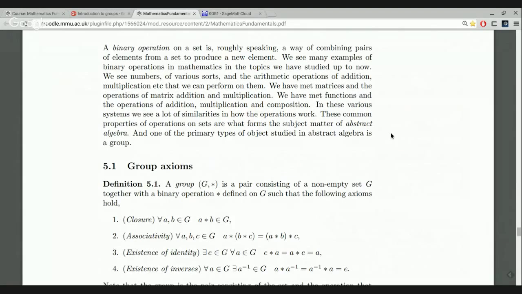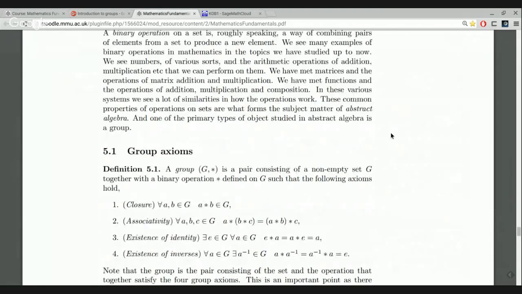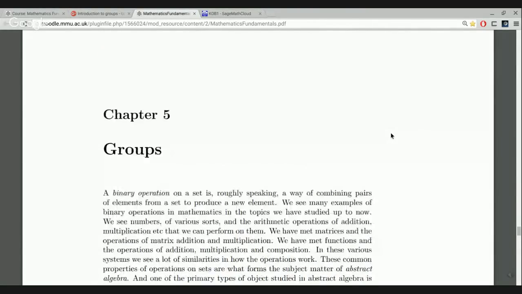As I've said, this feels quite different to a lot of the other stuff we've been doing, and it has the potential to be a lot more abstract. So this is on page 59.